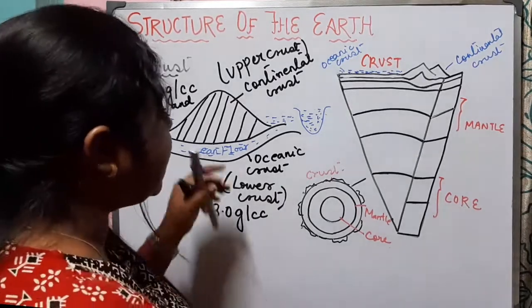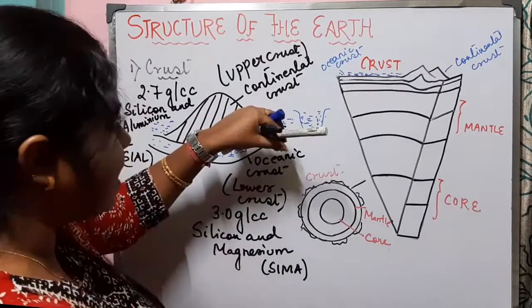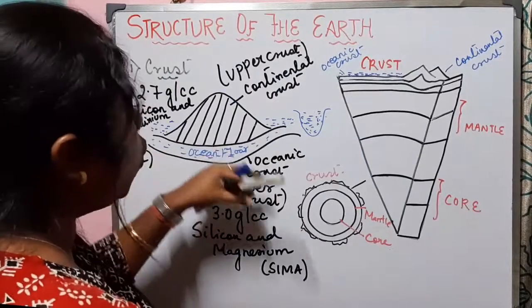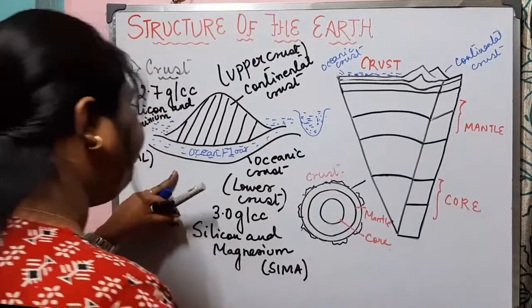And the minerals that constitute the oceanic crust are silicon and magnesium, and we call it SIMA. So it has been said that SIAL rests upon SIMA. That means the continental crust rests upon the oceanic crust, or we can say the continents rest upon the ocean floor.